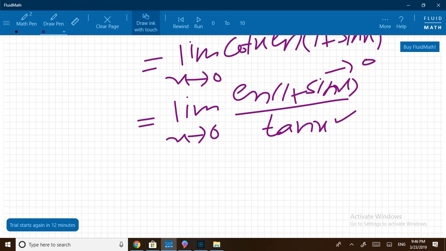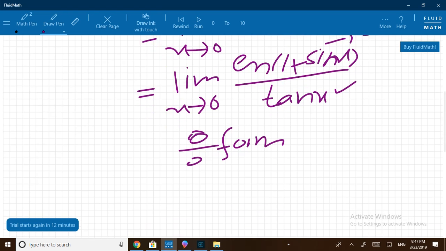So in the numerator and in the denominator we get 0 and 0. This is the 0 divided by 0 form, also called an indeterminate form. When we get an indeterminate form, we apply the L'Hopital rule. We take the derivative of the numerator and the denominator.